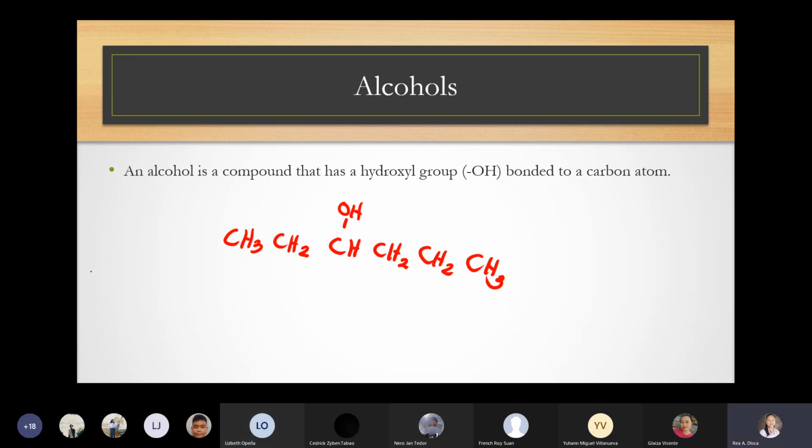Okay, hexane, right? Now, on what carbon is our hydroxyl group attached? 3, ma'am. 3. So meaning we have 3, right?